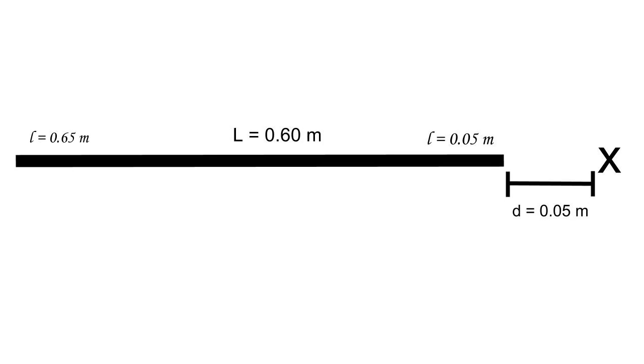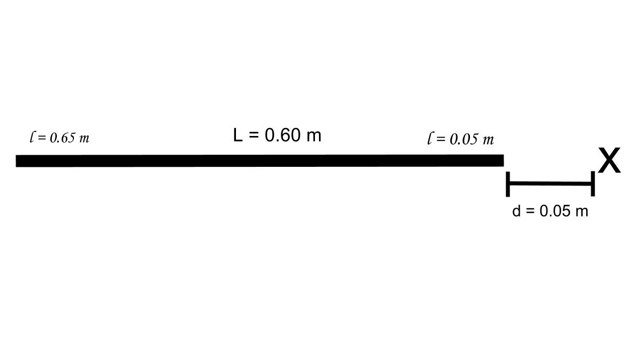Going back to the original picture, I changed everything from centimeters to meters, and then I chose two little l values. On the far right, I said that little l equals 0.05 meters, because that's how far away it is from x, based on the d value, which is 0.05.